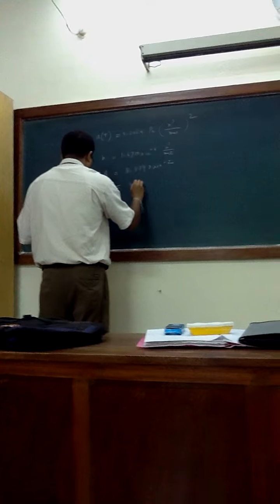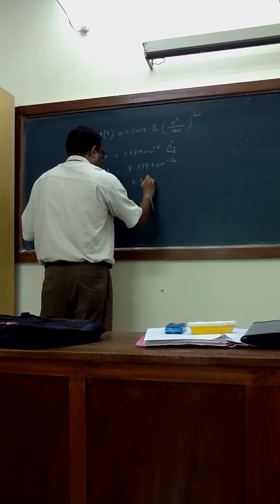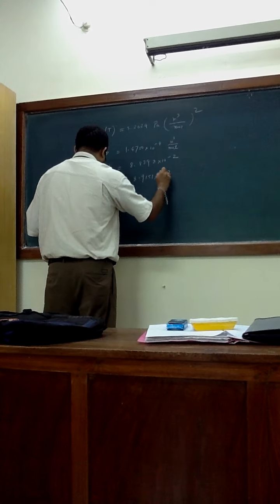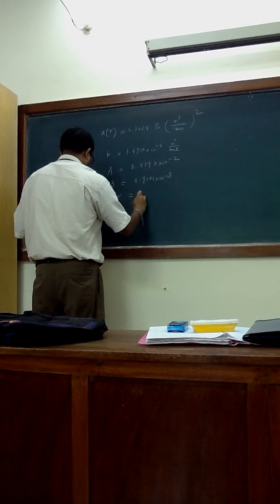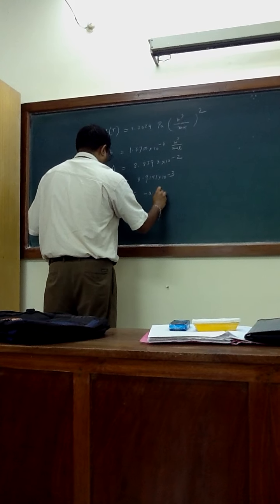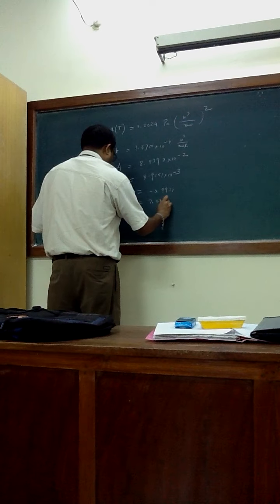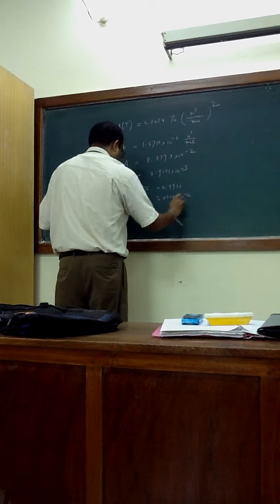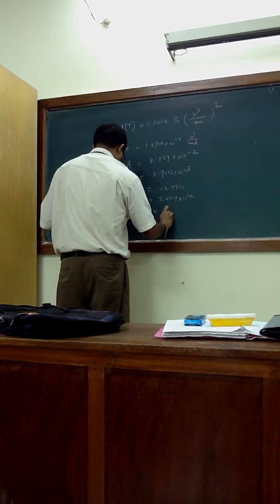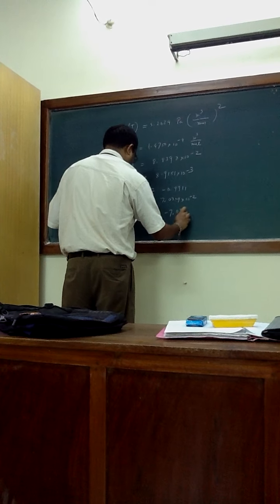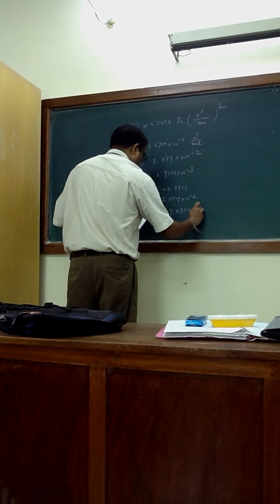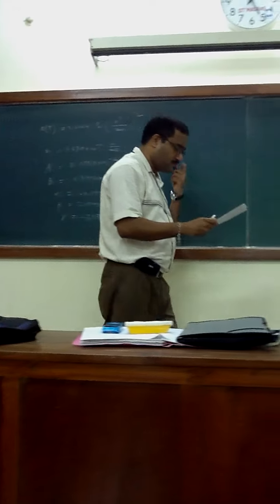Capital B, which is 8.9151 10 to the power minus 3. Alpha is minus 0.9911. Beta is 7.0329 10 to the power minus 2. And gamma is minus 7.0789 10 to the power minus 4.